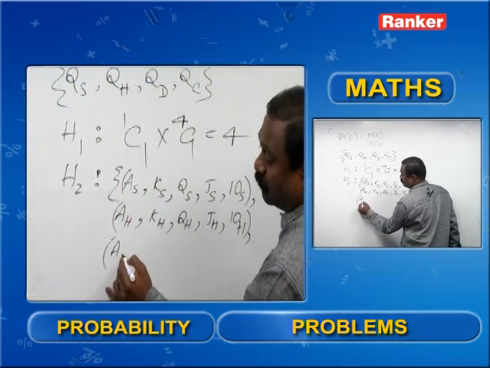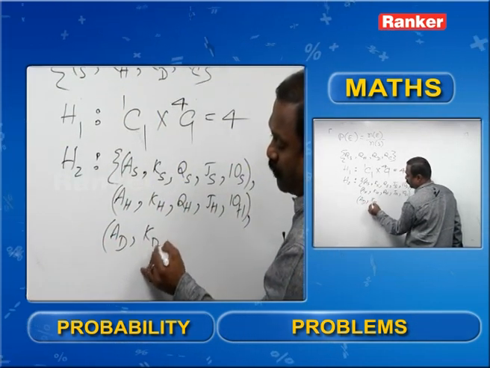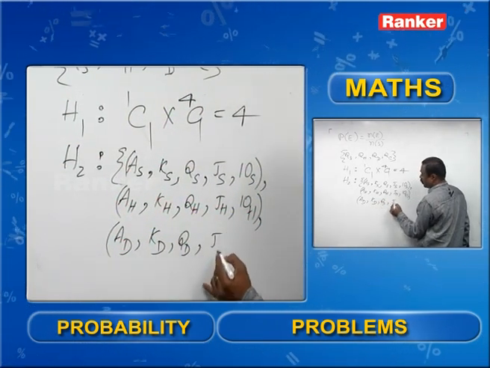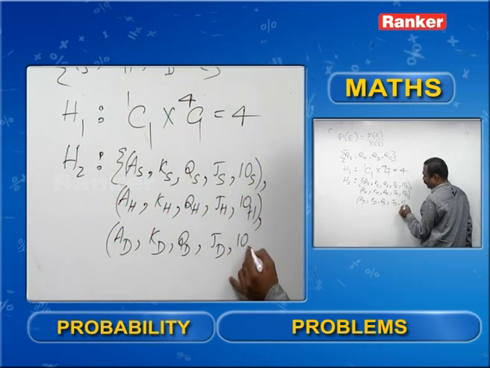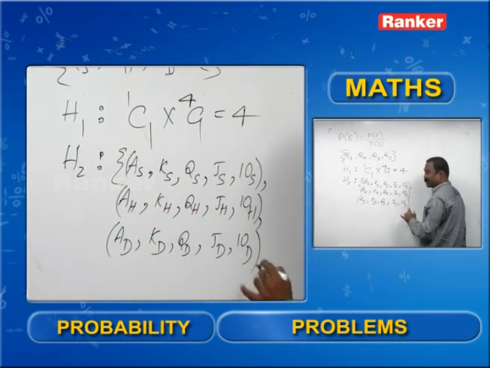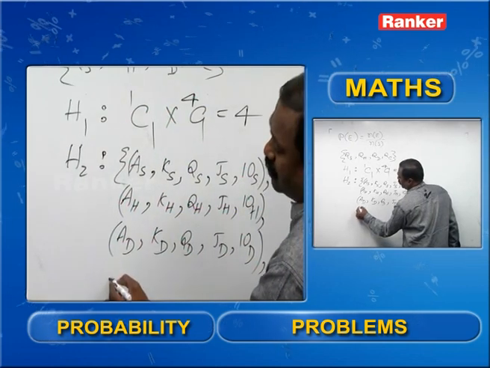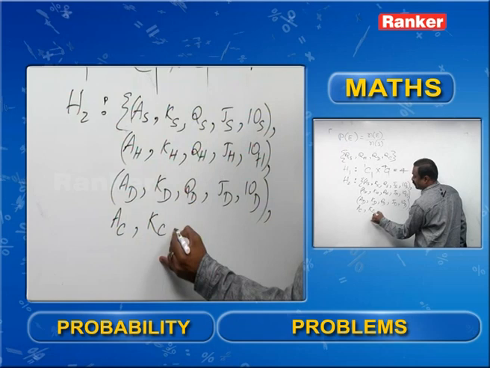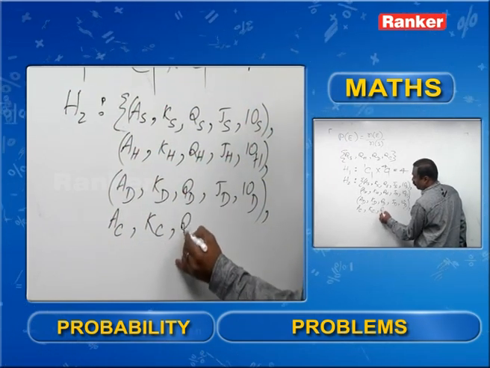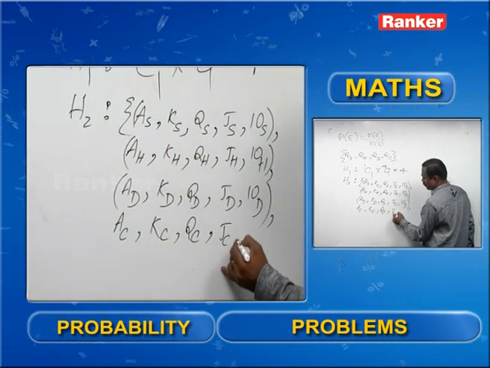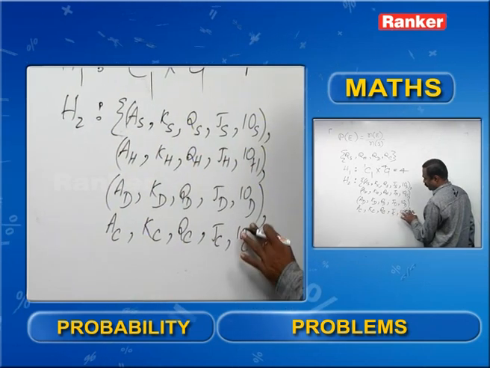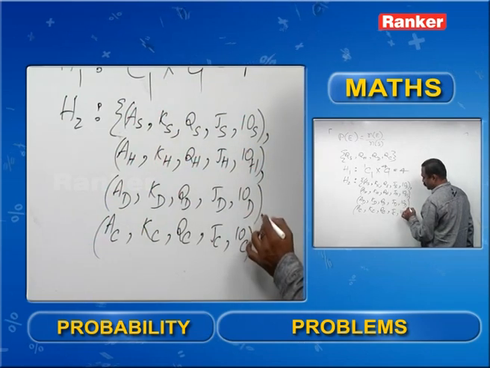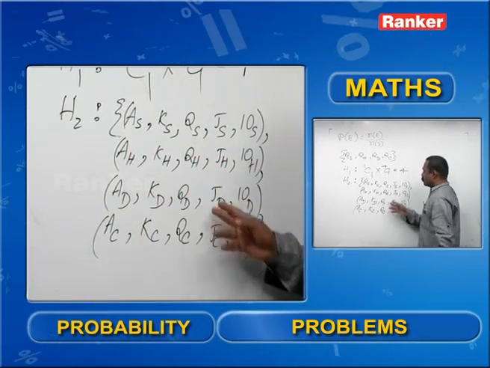A from diamond, king from diamond, queen from diamond, jack from diamond, and 10 from diamond. This is the third set. And what should be the fourth set? A from clubs, king from clubs, queen from clubs, jack from clubs, and 10 from clubs. How many sets have you got now? You can see that clearly: 1, 2, 3, 4.